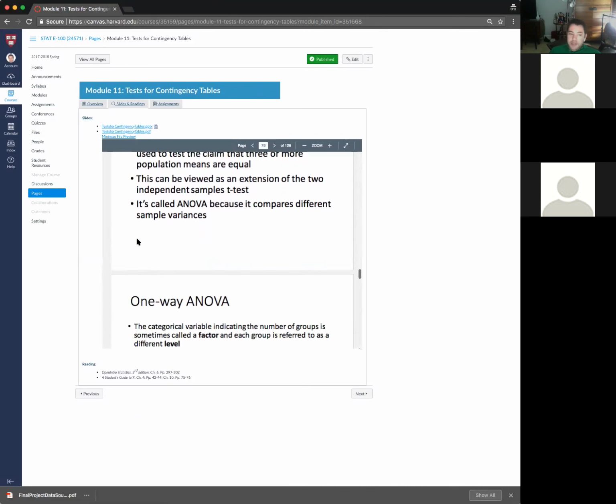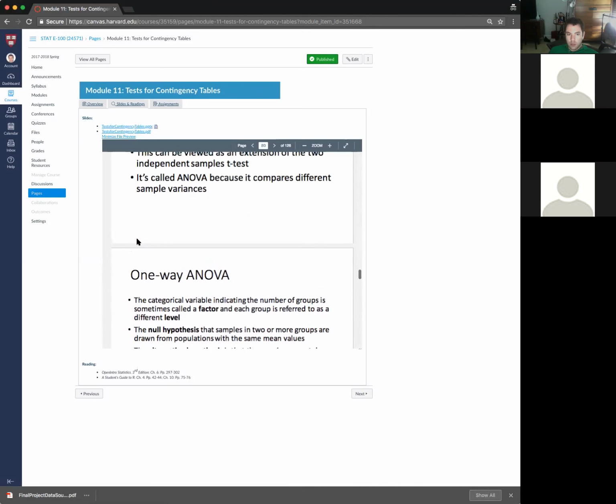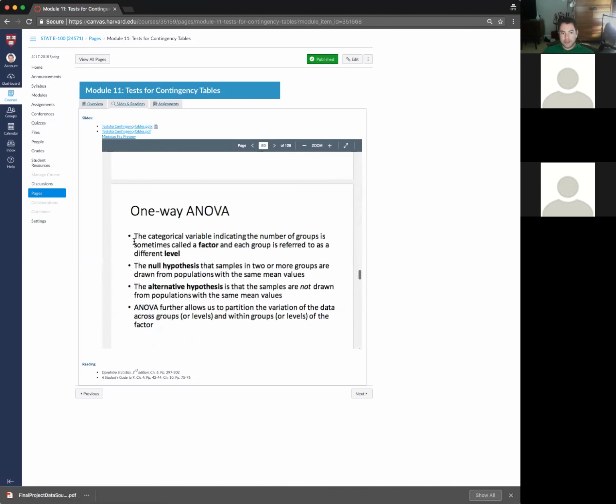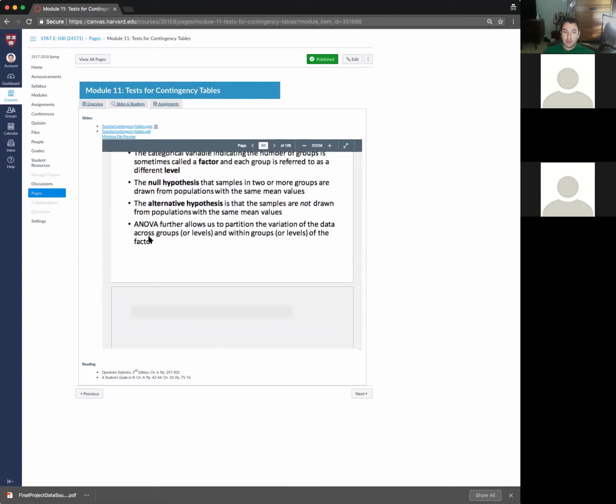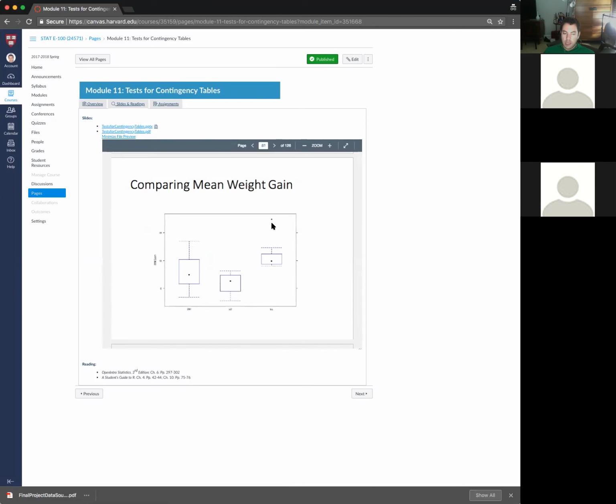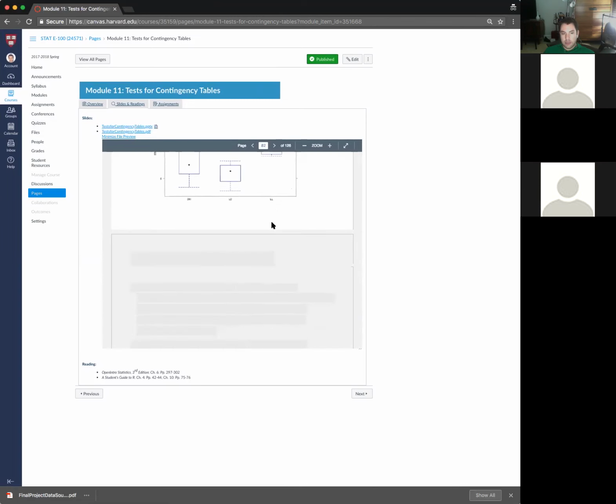And the ANOVA test will look at the different sample variances in order to conclude that. So your null hypothesis will be that the samples in 2 or more groups are drawn from populations with the same mean values, and the alternate hypothesis will be that the samples are not drawn from populations with the same mean values. So that's what your hypotheses will be. And then you'll run the ANOVA test and you'll conclude based on that.